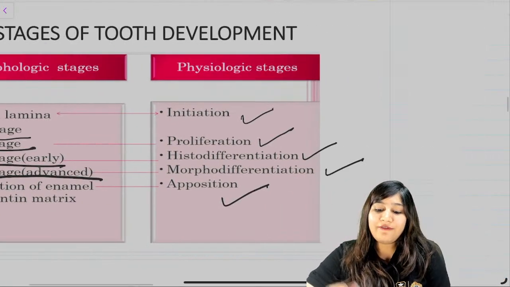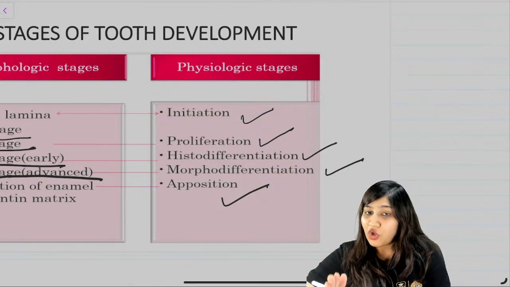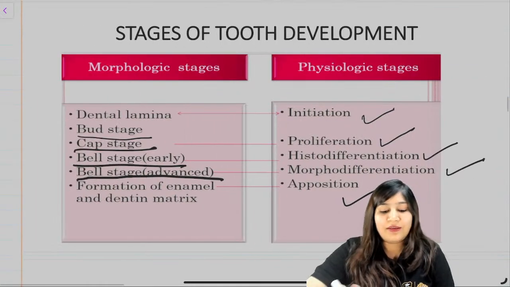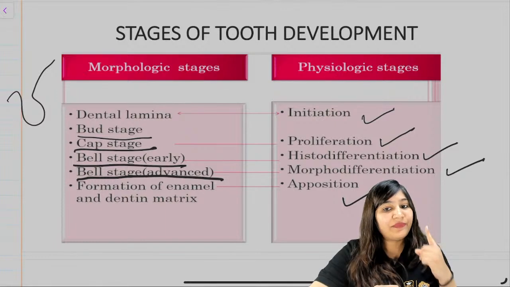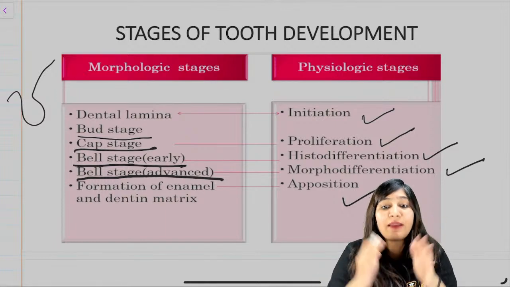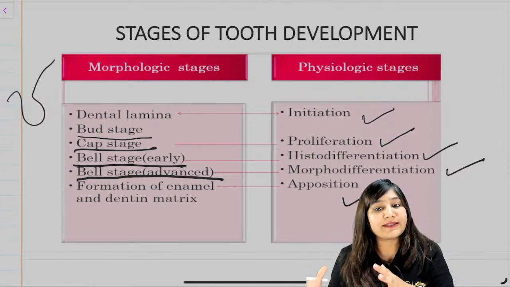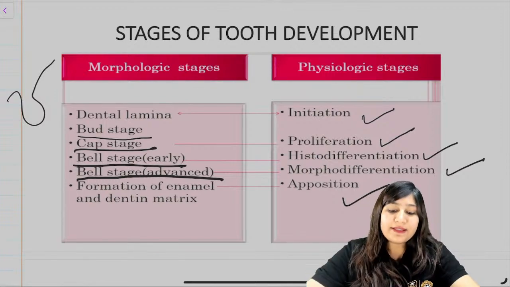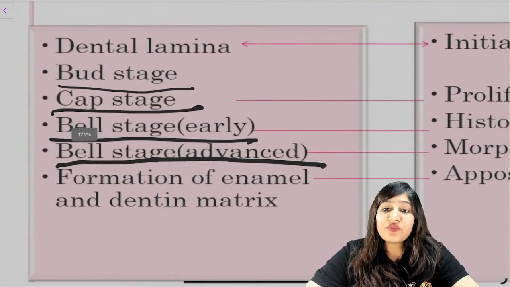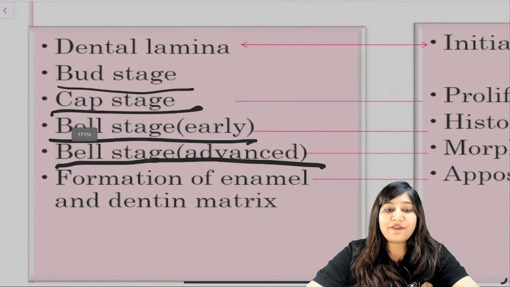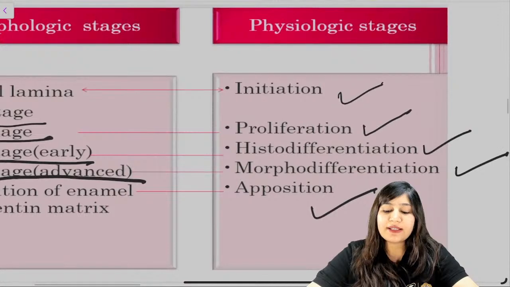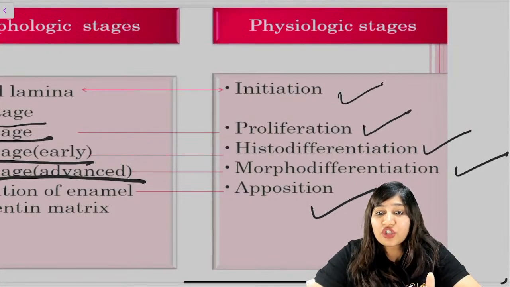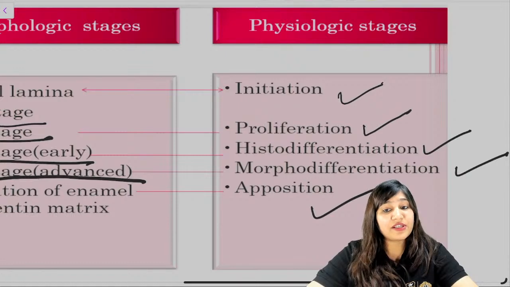Morphologic stages are based on the shape of the enamel organ: bud stage, cap stage in the form of a cap, because of unequal rate of proliferation of the basal cells. Bell stage, we have early bell stage and advanced bell stage, after which we have root formation.